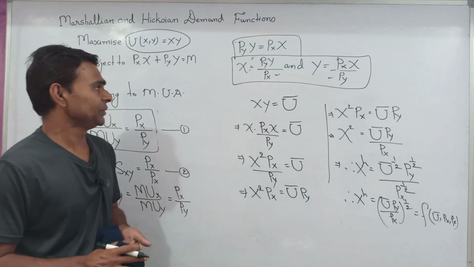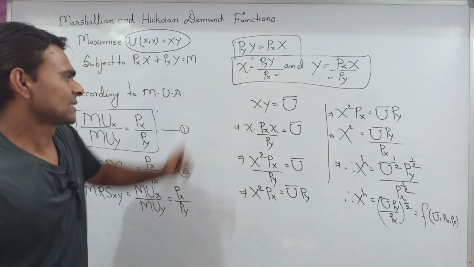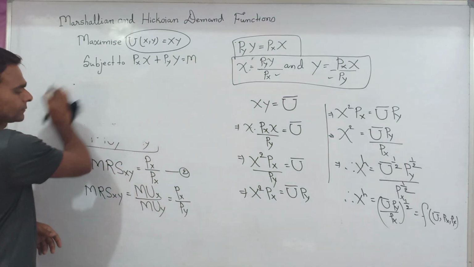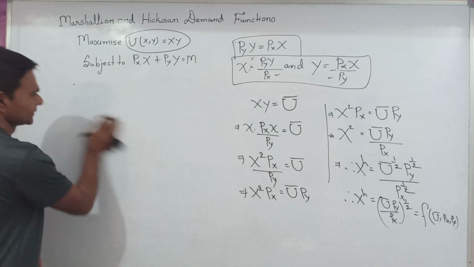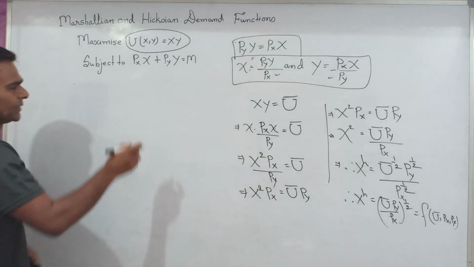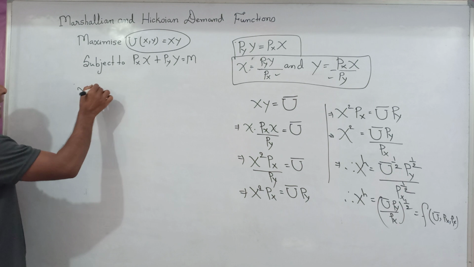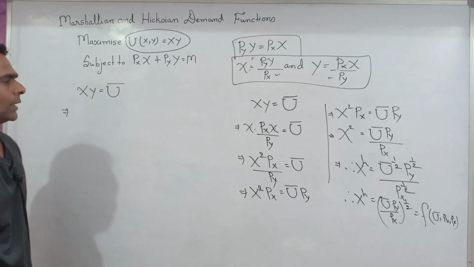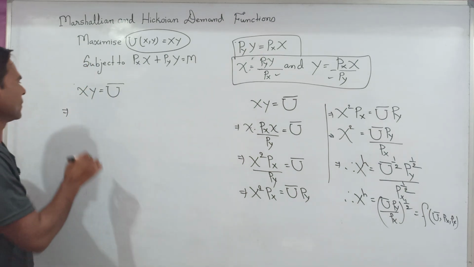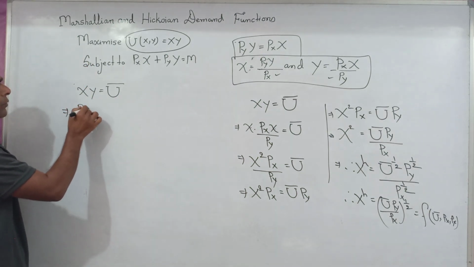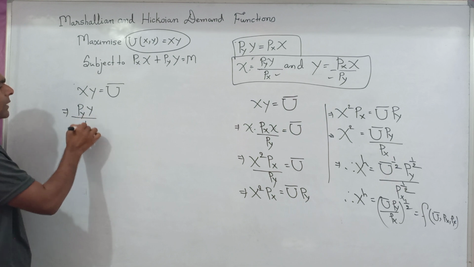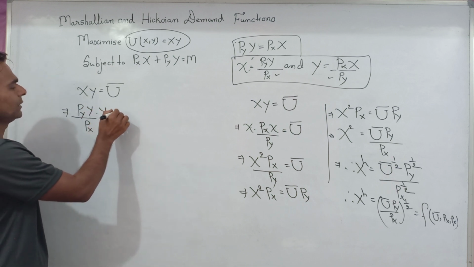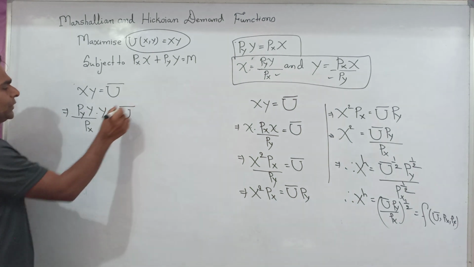We need to substitute the value of x equal to fixed level of utility. What value did we get for x? Price of y into y by price of x, into y, equal to fixed level of utility.